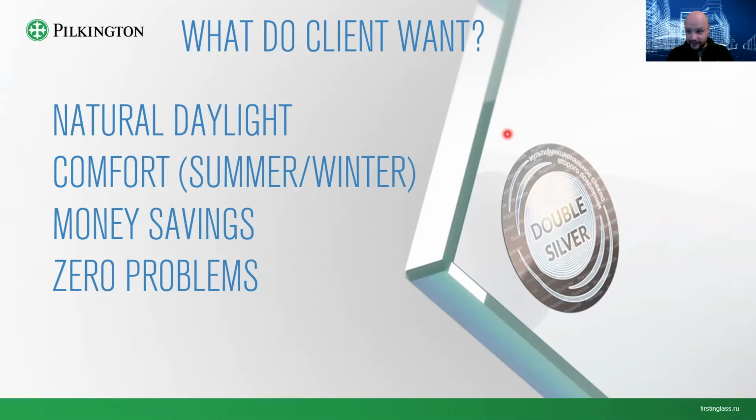He wants to save money, but frequently he doesn't know that he can save by using coated glass in an IG unit. He is simply not aware of that. And all customers want zero problems during the lifetime of the window, door, IG unit, or glass wall in the case of cottages.